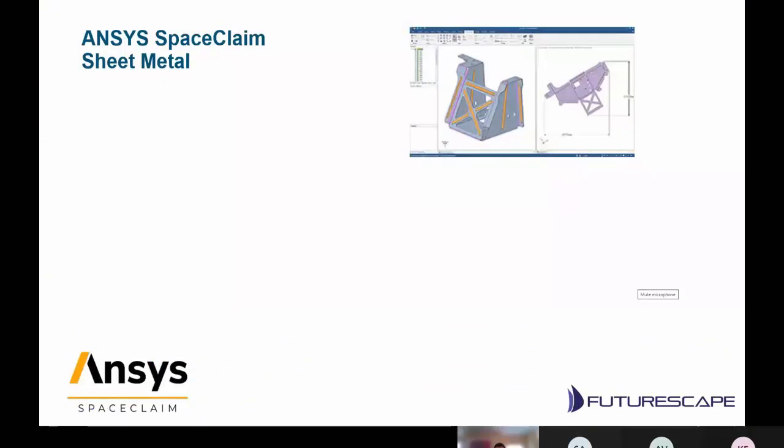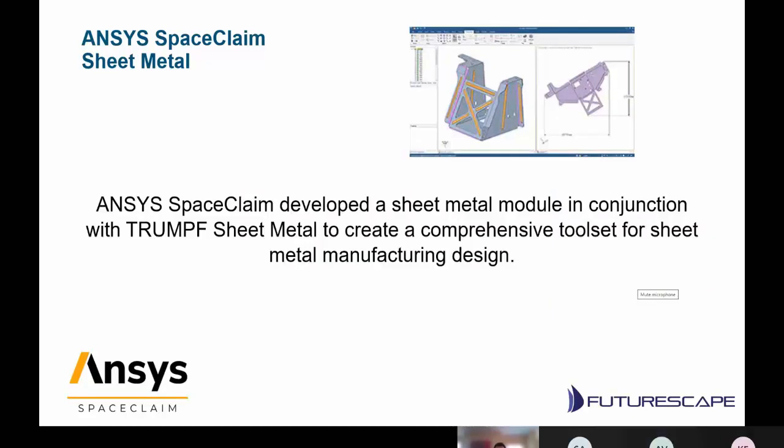Ansys basically acquired SpaceClaim a few years ago, and SpaceClaim partnered with Trump, which is a sheet metal manufacturing machine company. They wanted us to work on a tool set that worked in conjunction with common features that their machines had.